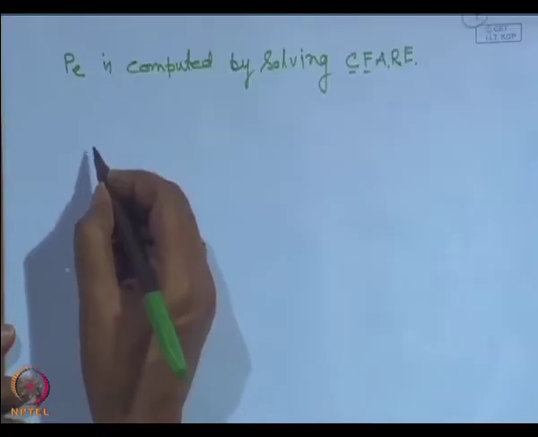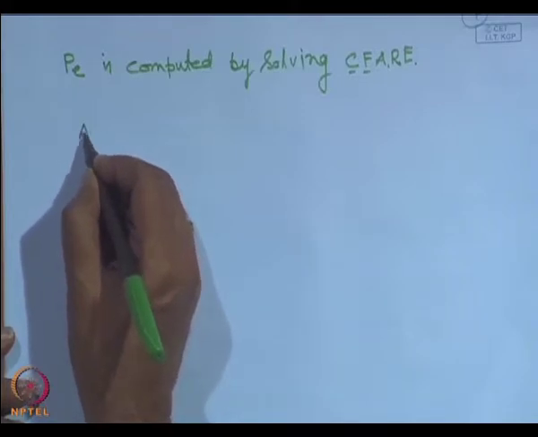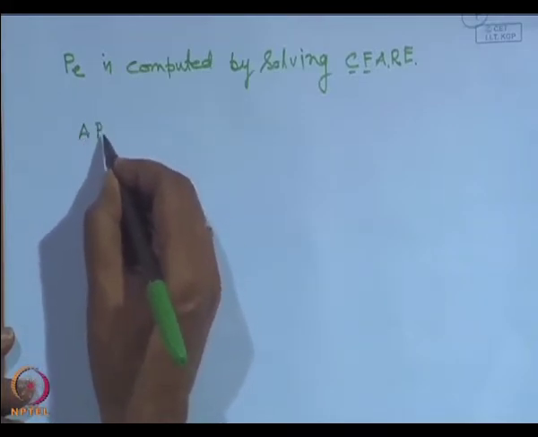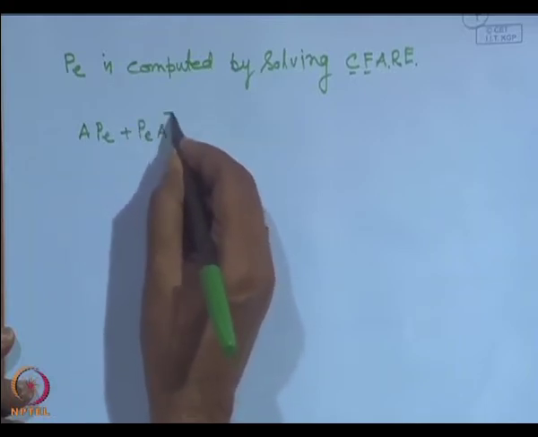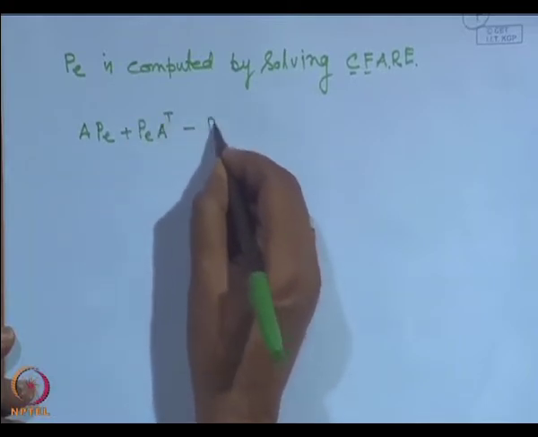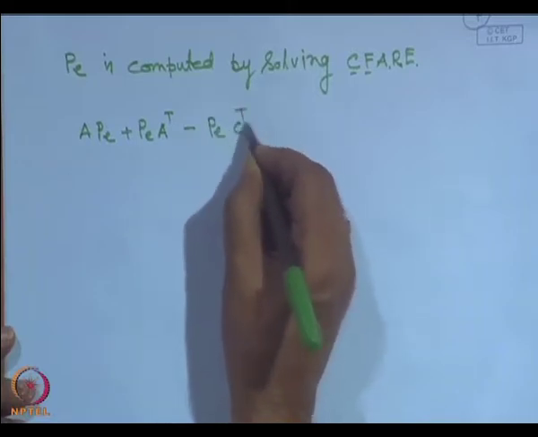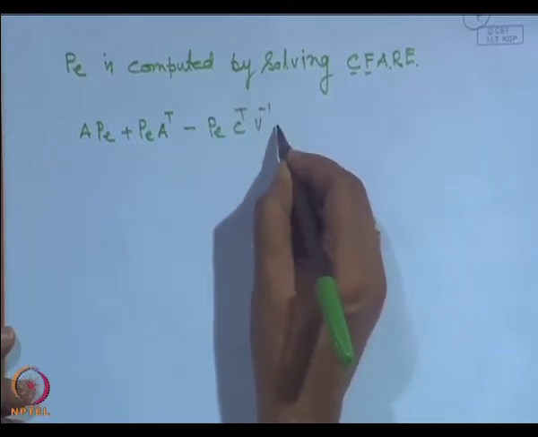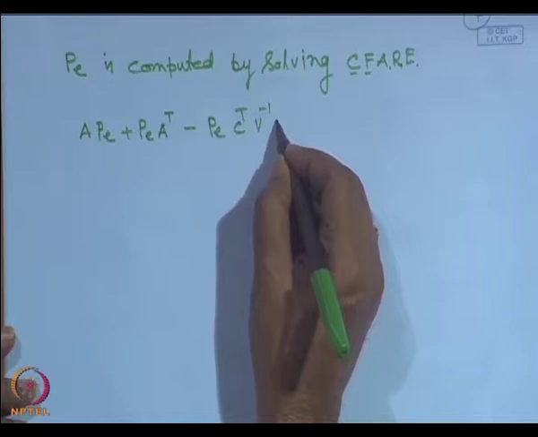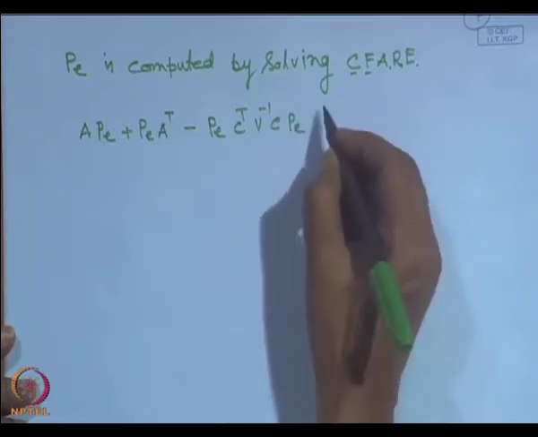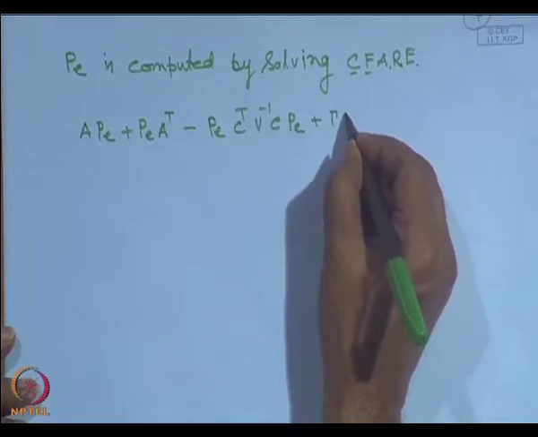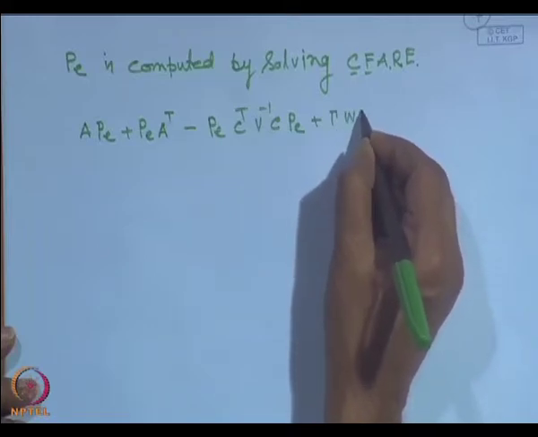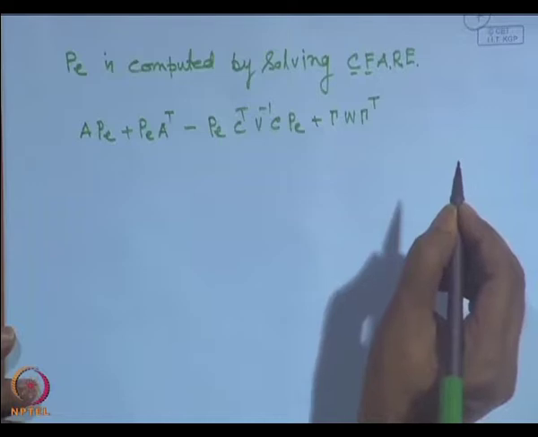So, if you replace, it will come as A P E plus P E A transpose, then minus P E C transpose V inverse C P E, then plus gamma W gamma transpose.